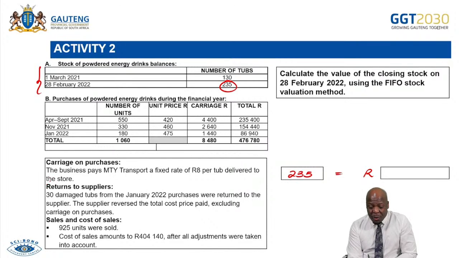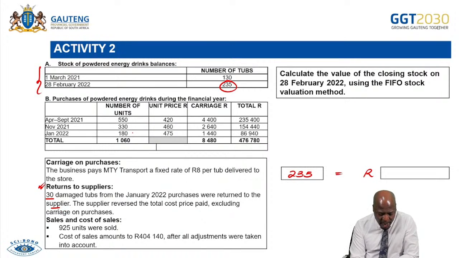What else do we consider? Remember what I said, returns. Let's come to the returns. We are told that 30 damaged tubs from the January 2022 purchases were returned to the supplier. So we come here now, where?